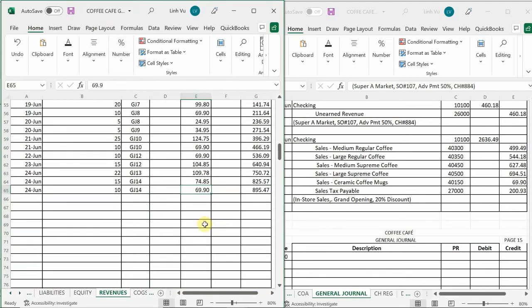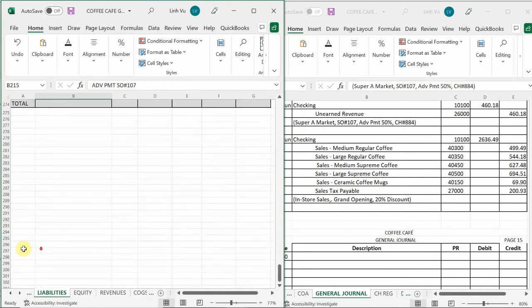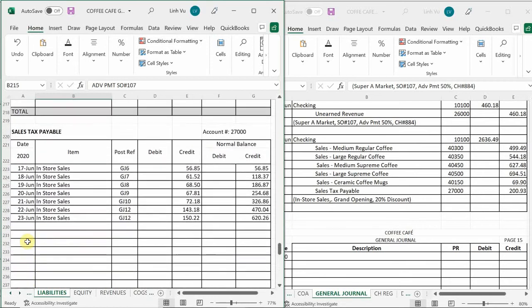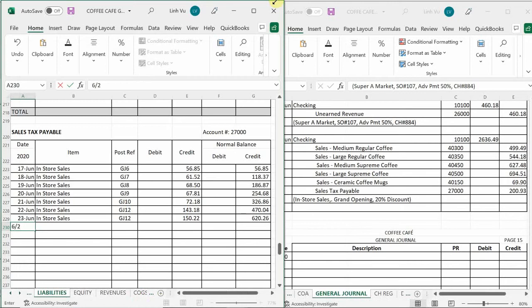And of course, last but not least, I need to also update my sales tax. We have to remember we need to collect sales tax for the government, which we charge 293 cents.